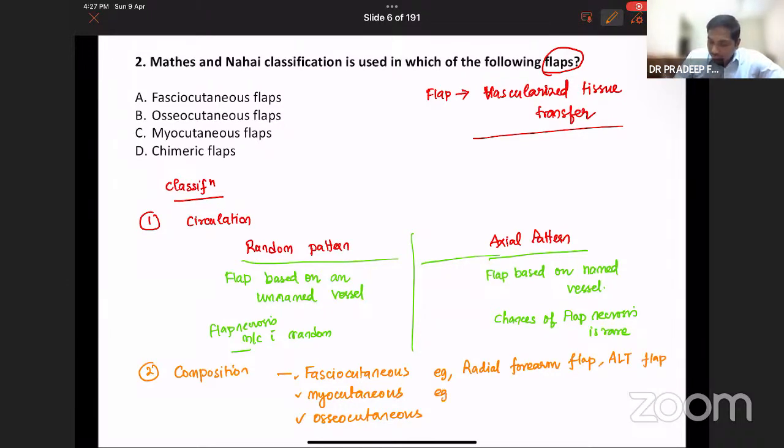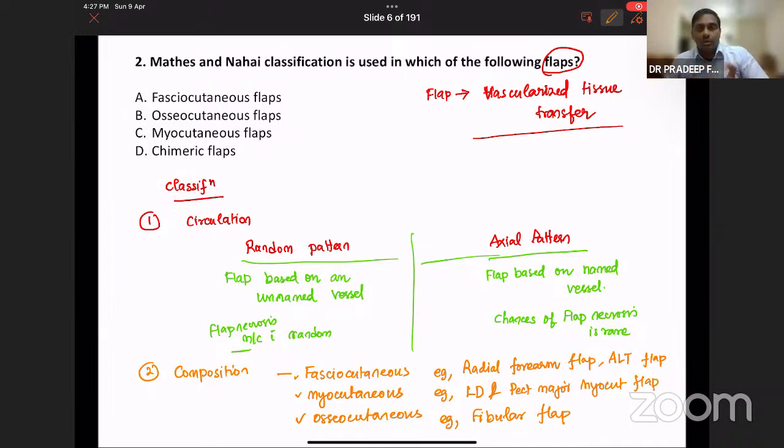The common example for myocutaneous is the LD flap, latissimus dorsi myocutaneous flap, and the pectoralis major myocutaneous flap. The common example for osteocutaneous is the fibular flap. You harvest a part of the fibular bone along with the overlying skin, commonly used for reconstruction of mandibulectomy defects.